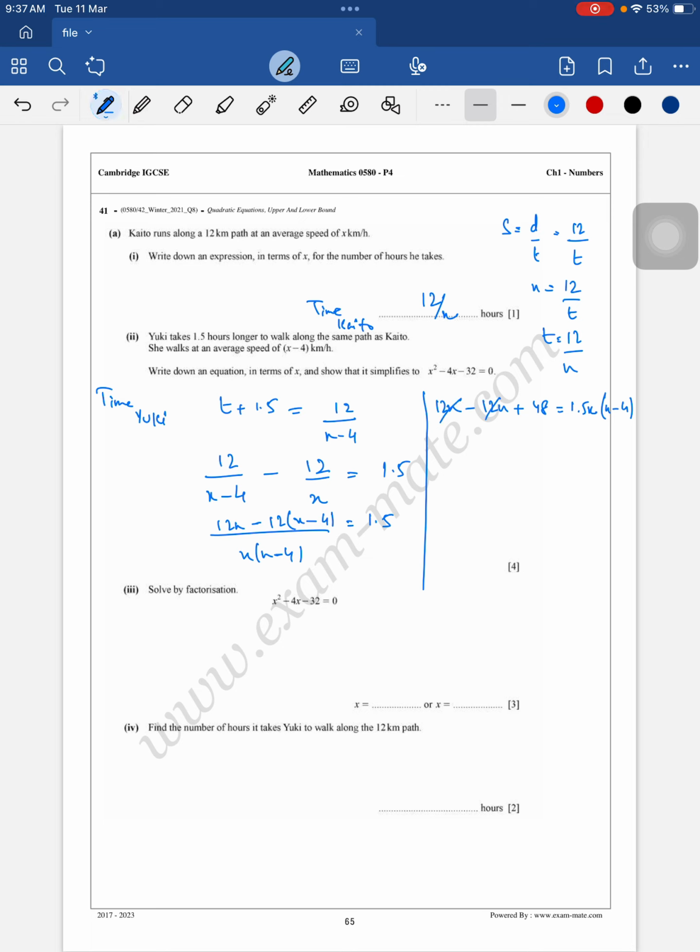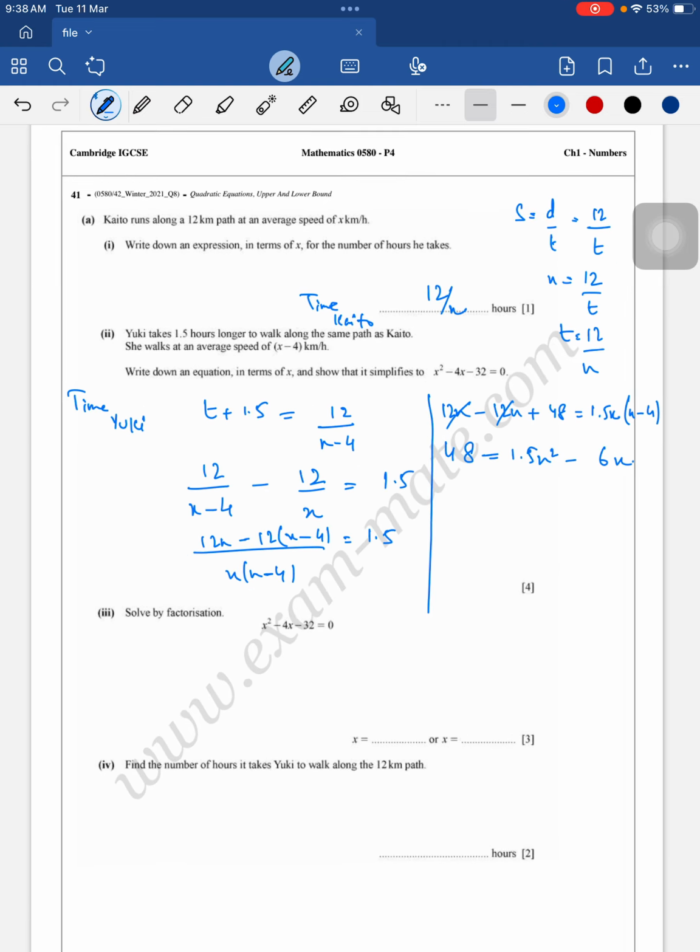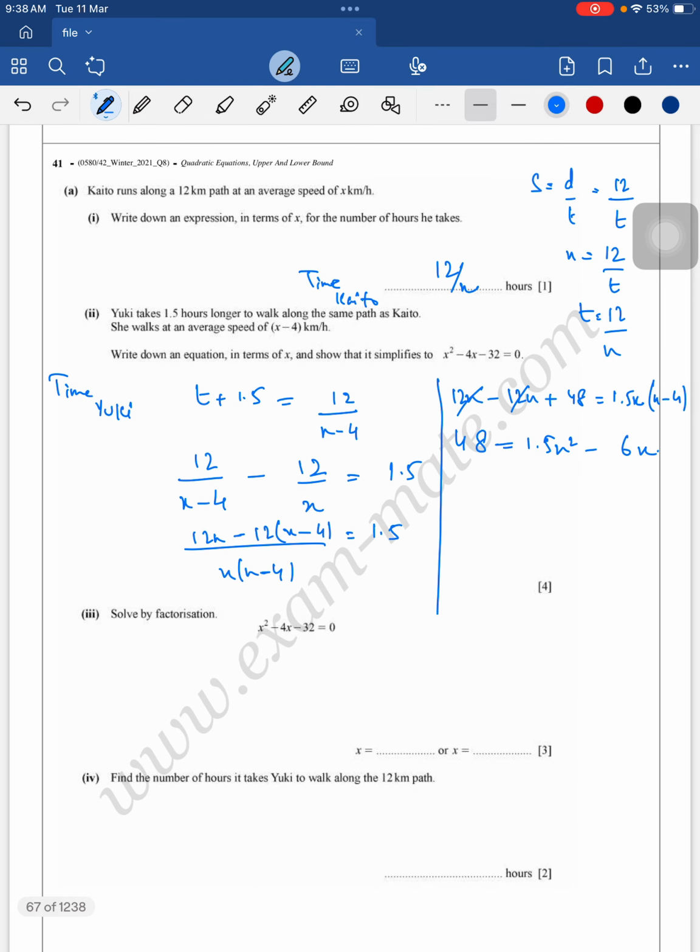So 48 is equal to 1.5 x square minus 6x. Now I know that the answer which I need is to be in x square, so x square should have coefficient one. So to eliminate 1.5, divide the whole equation by 1.5.